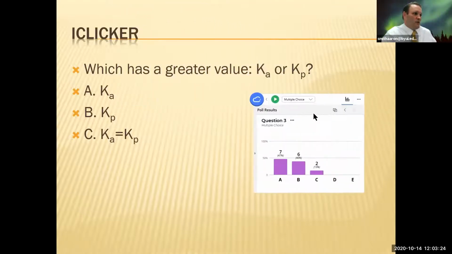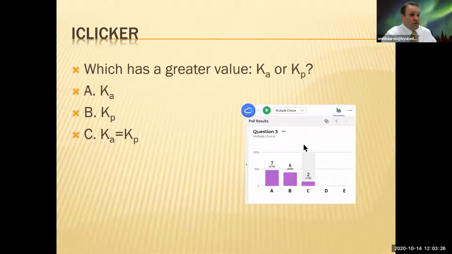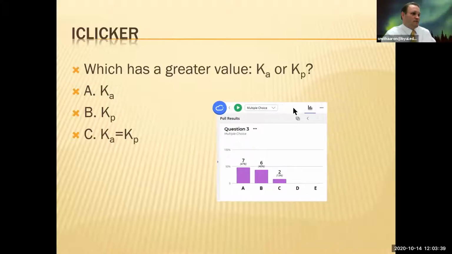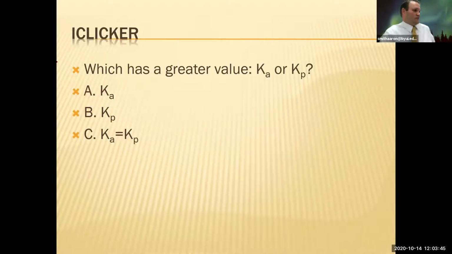Okay, so the majority, but not by much, half, said that Ka is greater, then 40% said Kp, and then 13% said they're equal. Okay, so I'm just gonna say the majority of you got this wrong. So this is good, now I know where you're at. So let us begin.